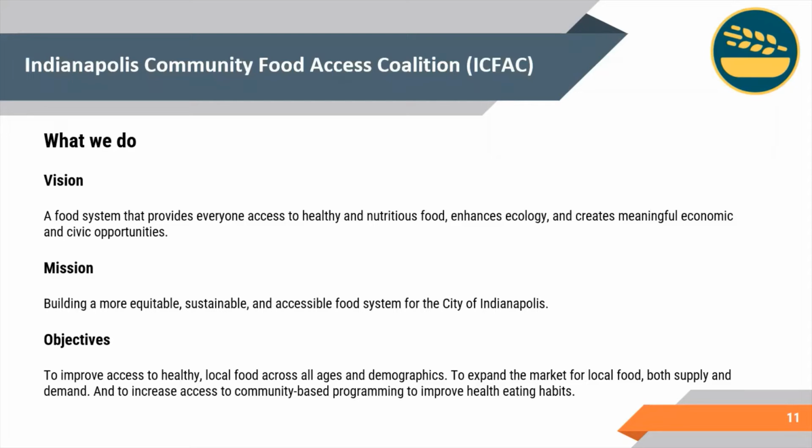And we want to make sure that we're going beyond just food security to ensuring that there's nutrition security for our residents. And that meant expanding our programs, ensuring that there was access as well as food security, and then also increasing our community-based approach to improve the health of our residents.